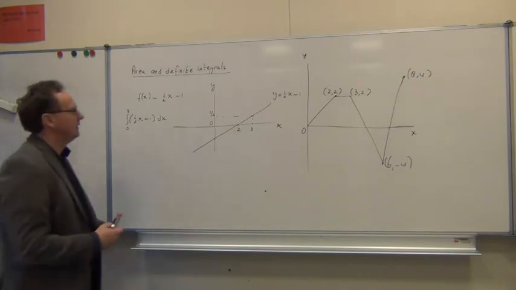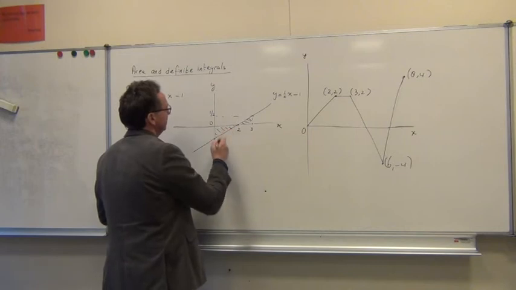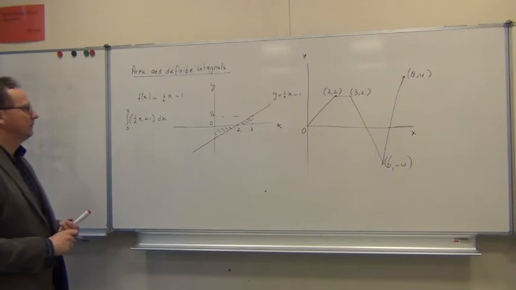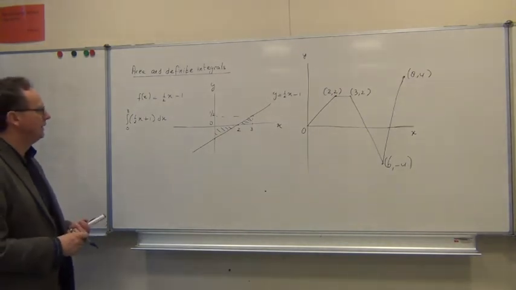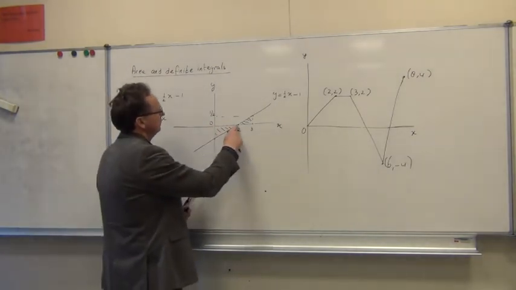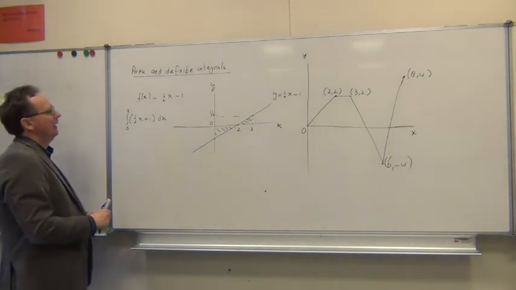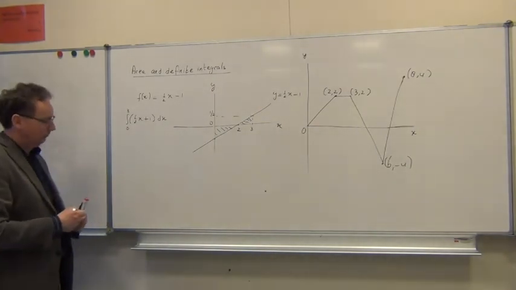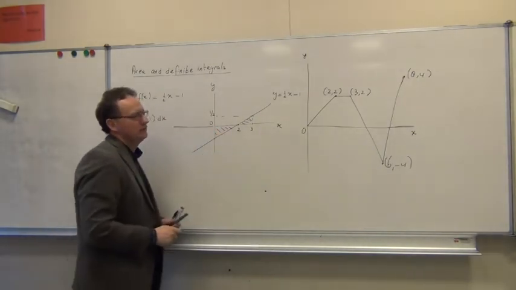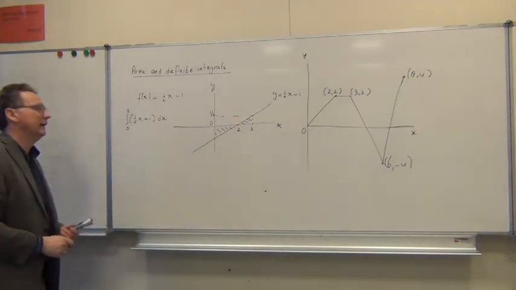There is a positive area there, but there is also a part below the x-axis. So what happens if you do integration? If you look at this first part, from 0 to 2, you'll definitely find a negative answer, because the f values are below the x-axis. And for this part, you find a positive answer. Yes?